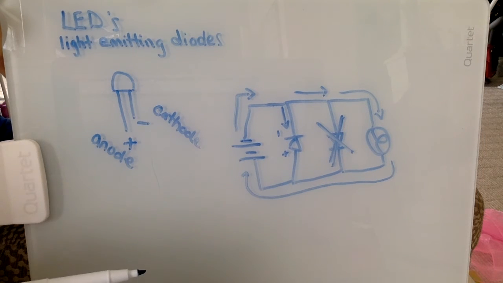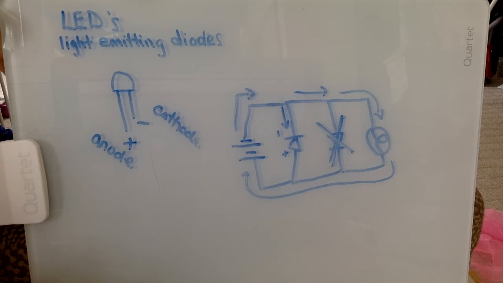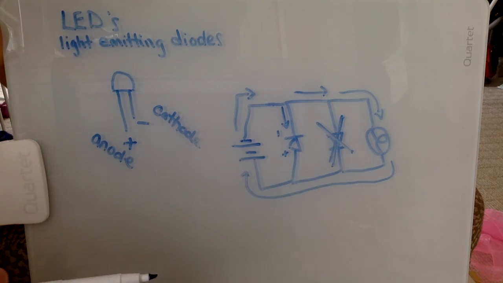So in some of the problems that you're going to see, you have to be very careful. Look at the direction that the LED has been wired, because sometimes, depending on where the LED is, the entire circuit will not work.